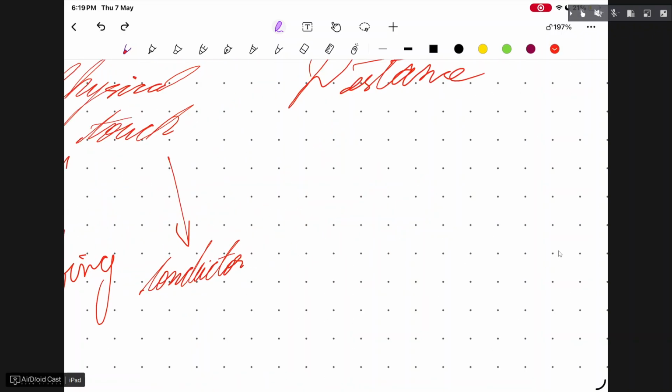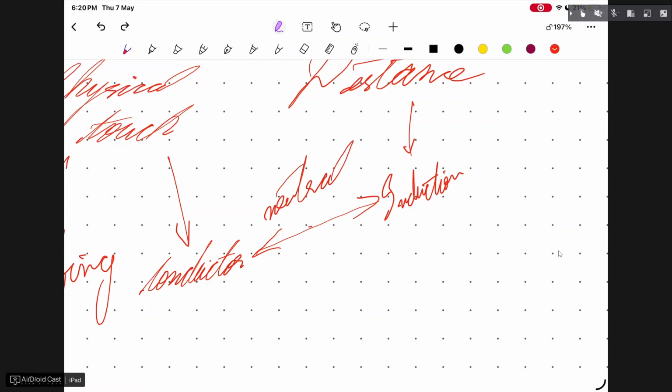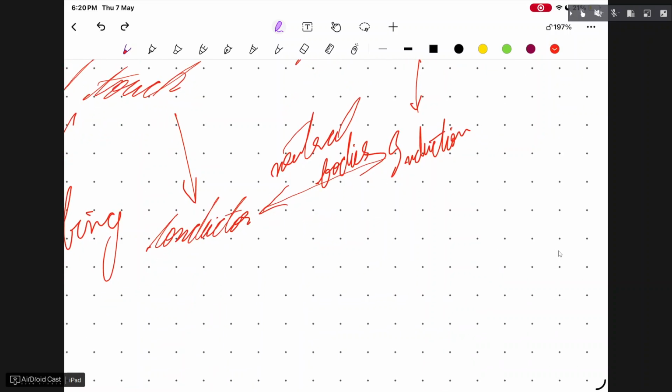Now, distance is induction. The similarity between these two is that both have neutral bodies. The difference is mainly the type of charge that they give to the neutral body.